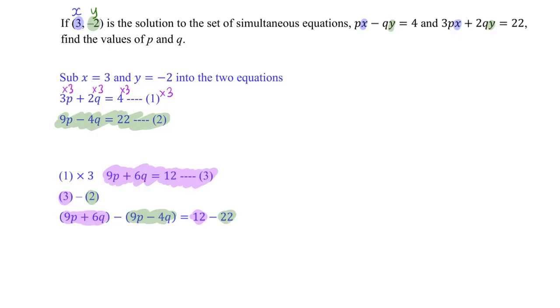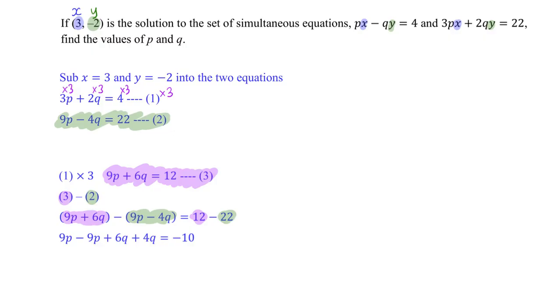So, continue. And this is the next step. There you can see that there will be a 9p minus 9p. There will be a 6q. Now why is there a positive 4q?